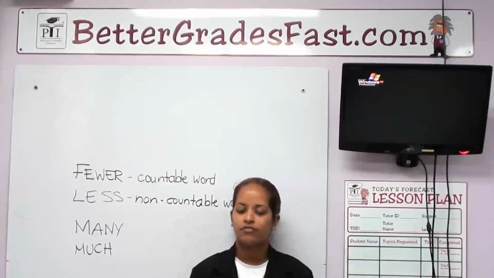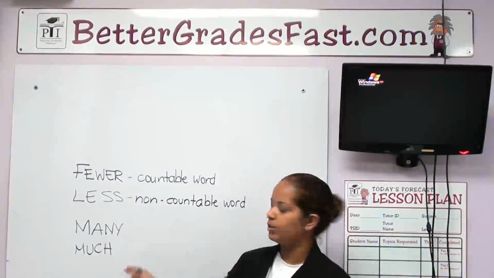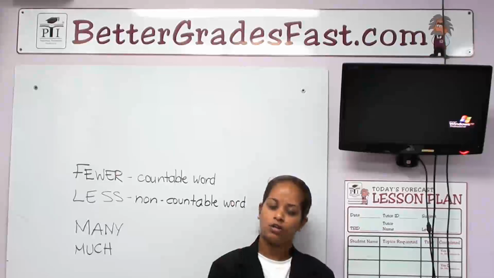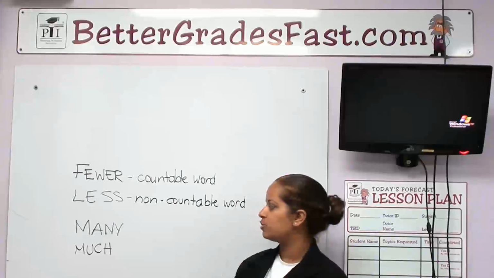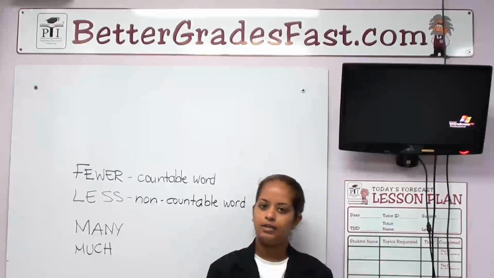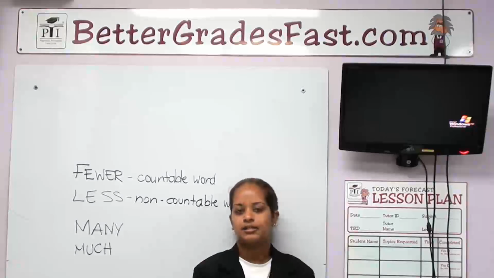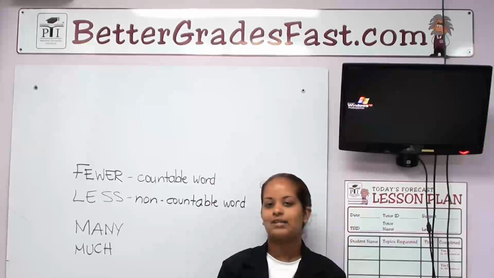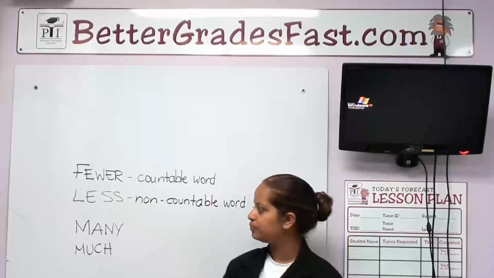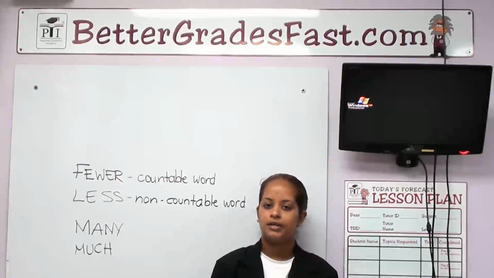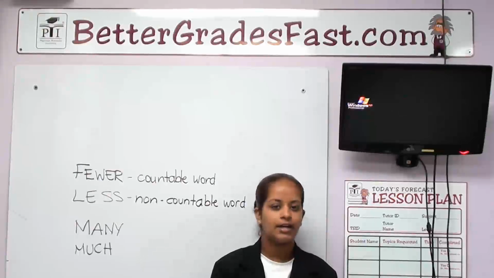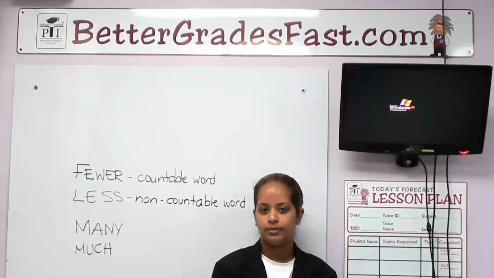So those are just a few examples using these words according to if they're countable or non-countable. Remember, the countable words, fewer and many, are those that can have nouns that can be counted. Less and much are non-countable, meaning the nouns that they qualify cannot be counted individually.